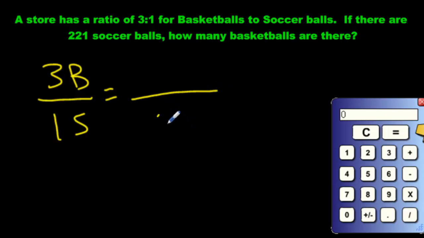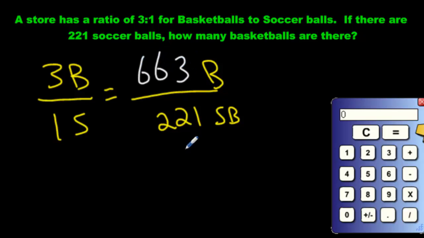And they have 221 soccer balls. How many basketballs do they have? Cross multiply, divide. I don't need a calculator for this. Just going to times this. You could do this in your head, you're going to get 663 basketballs.